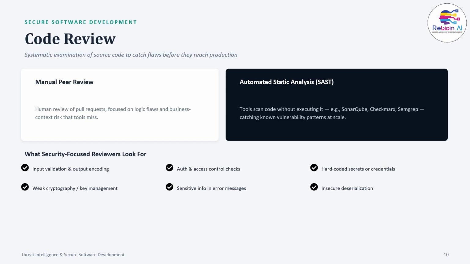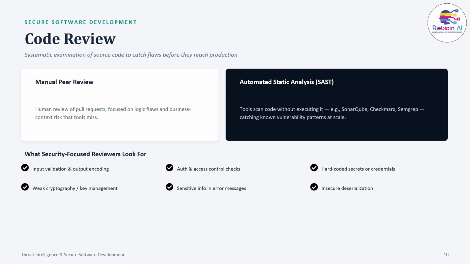First, manual peer review. A human teammate reads through your code changes, usually through something called a pull request, before it's added to the main project. Humans are great at understanding context and business logic, things a tool might miss.